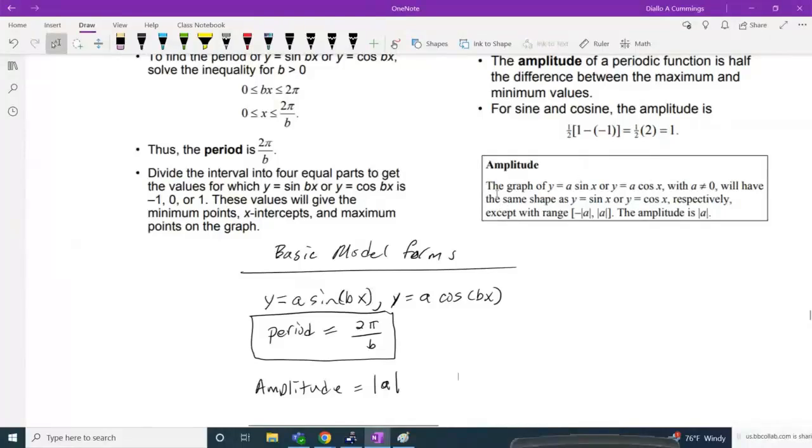The note says the graph of y is equal to a sine x, or y is equal to a cosine x, will have the same shape as y is equal to sine x, or y is equal to cosine x. So the amplitude is going to be the absolute value of the coefficient of your trig function. If you don't see one, it's understood to be 1. Now we're actually going to graph a basic sine and cosine curve, and we're going to point out the period and the amplitude.